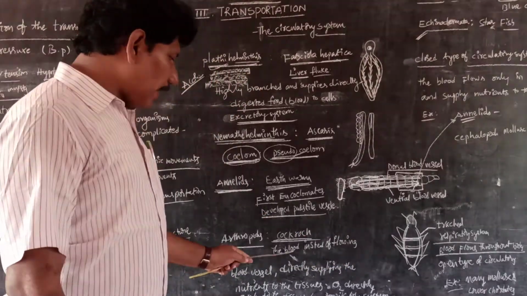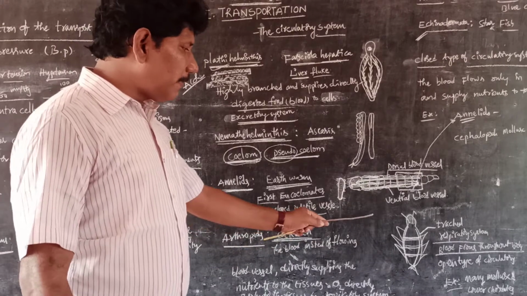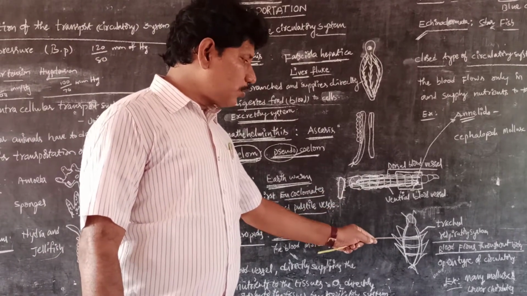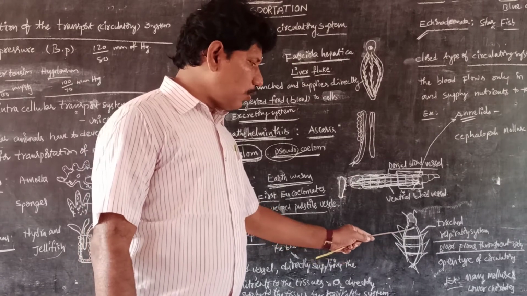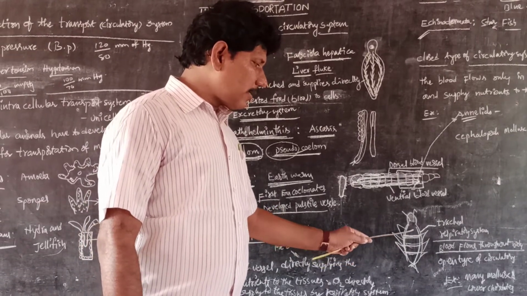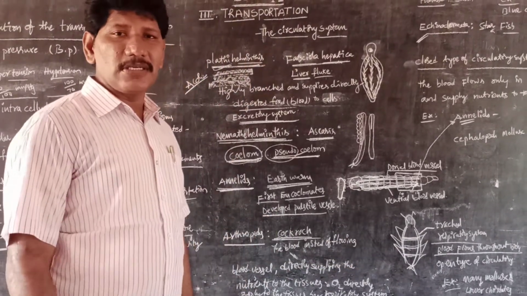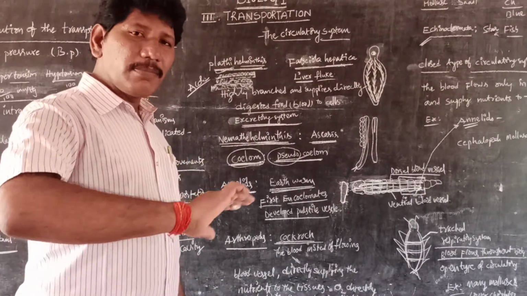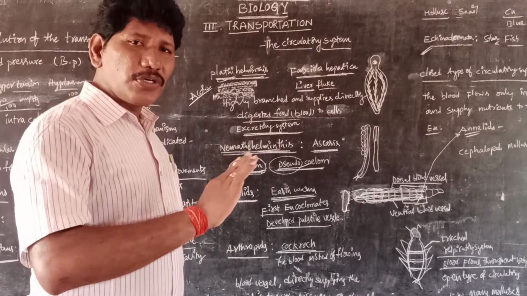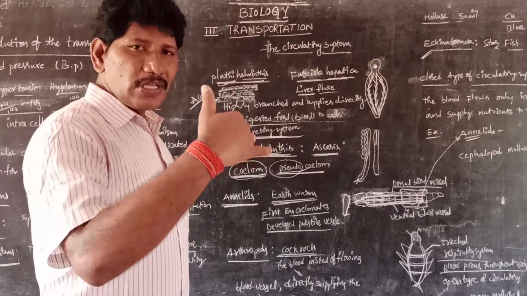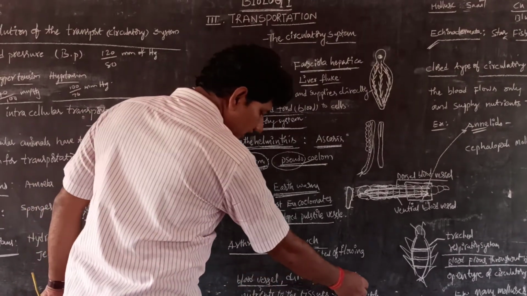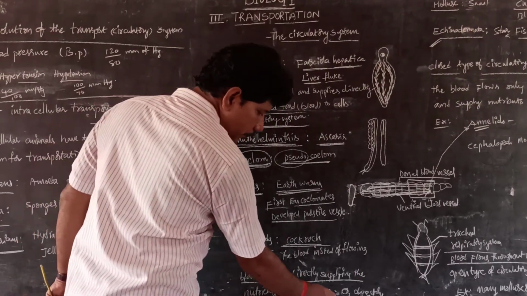Next, the blood, instead of flowing in blood vessels, flows throughout the body. The whole body is bathed in blood, because blood vessels are absent. The blood supplies nutrients directly to the tissues.